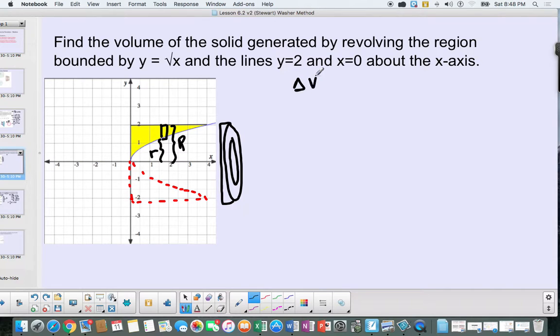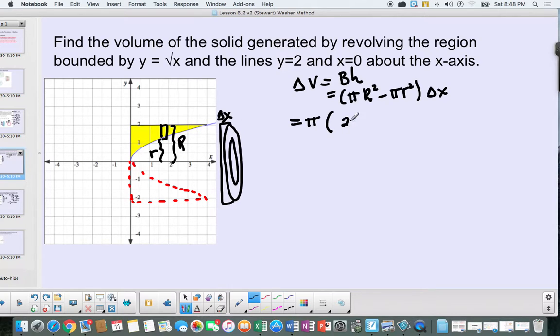So delta V is going to be the area of the base times the height. The base will be pi big R squared minus pi little r squared times delta x. That's going to be the height of the little washer. So you can factor out the pi, and the big radius is always the same across here.